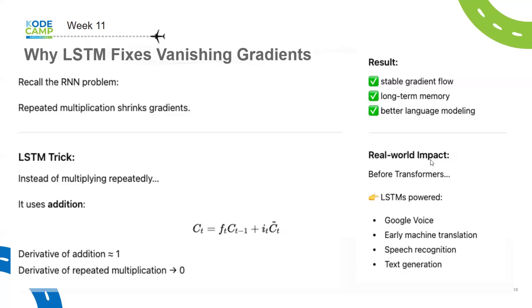Before the advent of transformers, which is what we'll talk about next, LSTMs were the key neural network architecture that powered anything that has to do with natural language processing, including things like Google Voice, machine translation, speech recognition, text recognition, and so on.